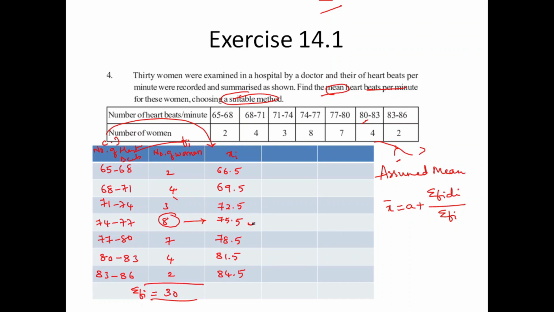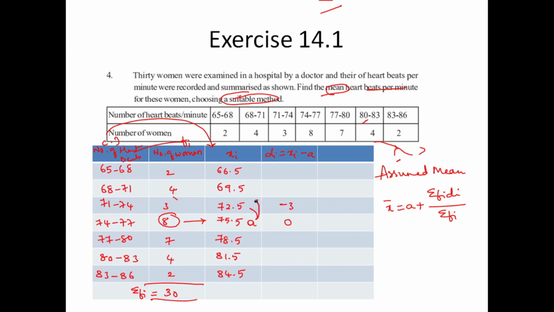So this should be your assumed mean. Okay. So what is your d i? d i is your x of i minus a. So x of i is this number, and if I subtract, this comes out to be 0. Okay, 75.5 minus 72.5, to do the subtraction, this is your minus 3.